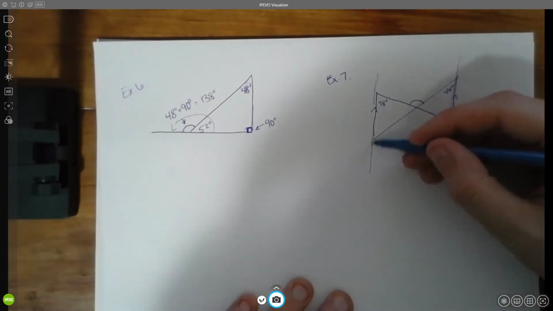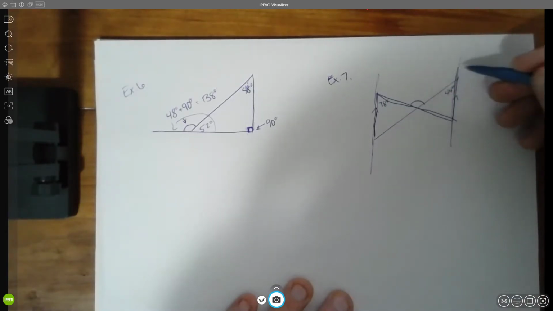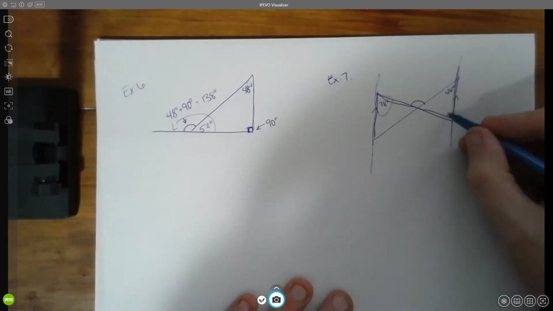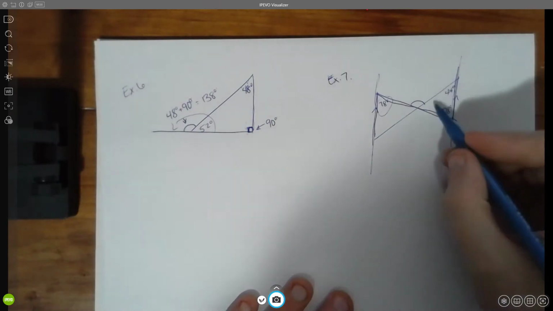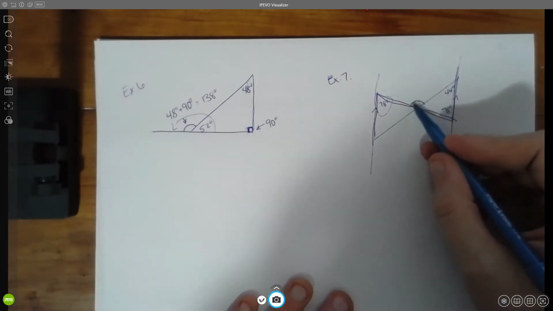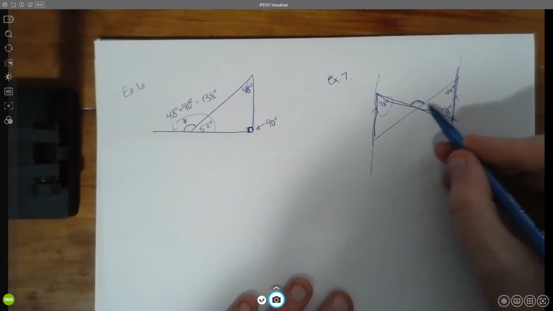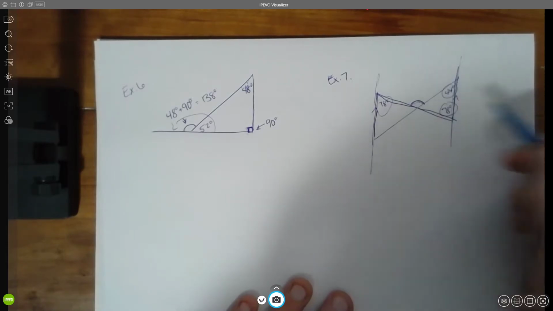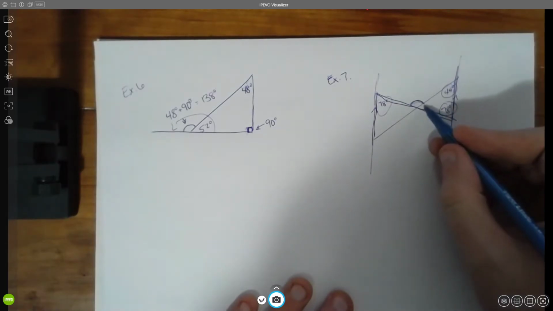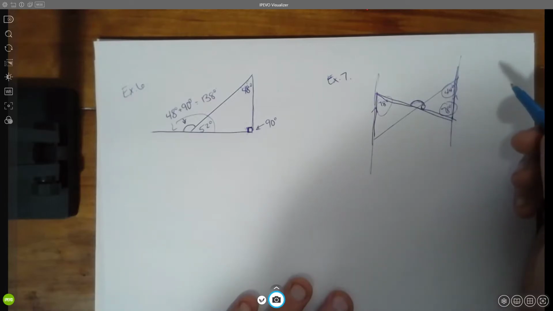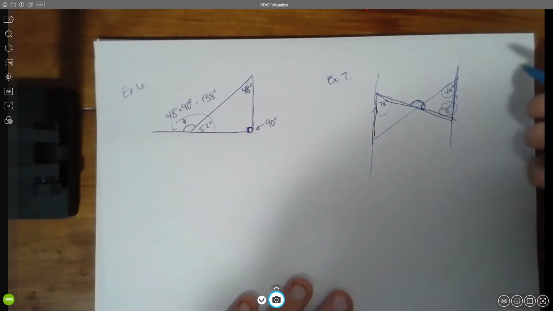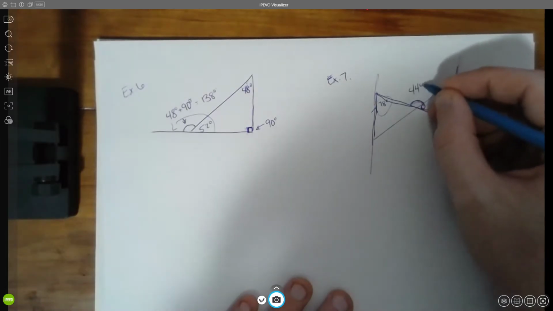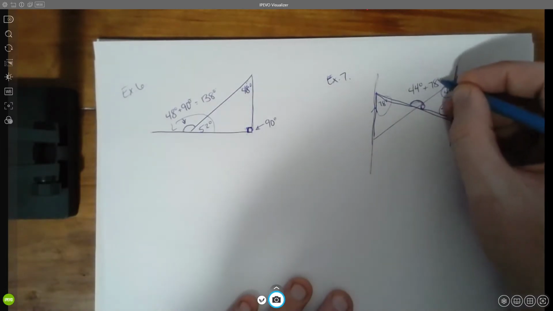a Z pattern. So if this is 78, then this is also 78 degrees. And the reason why that's important is because this exterior angle then just ends up being the sum of these two other angles. Okay, because whatever this interior angle is going to be doesn't really matter. This is going to be the sum of these two exterior ones. So that's now going to be 44 degrees plus 78 degrees.